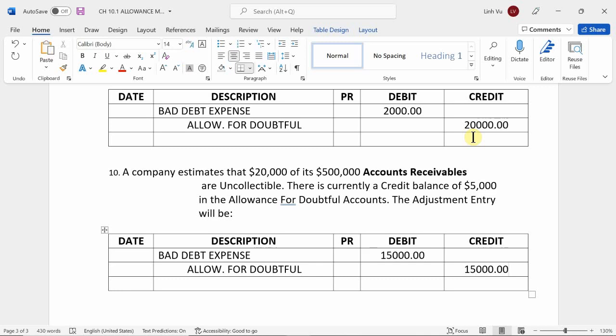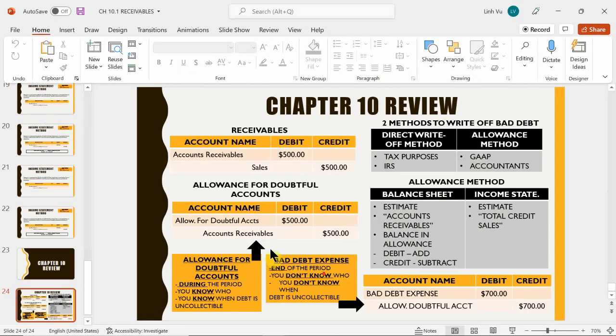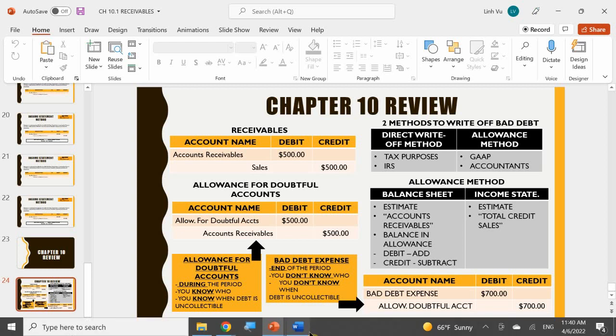It depends on what the account balance is in the allowance for doubtful accounts. So here, balance sheet, you're going to look at the estimate, right? You see the words accounts receivable. If there's currently a debit balance, you're going to add. If it's a credit balance, you subtract. So you have to pay really close attention to this one.